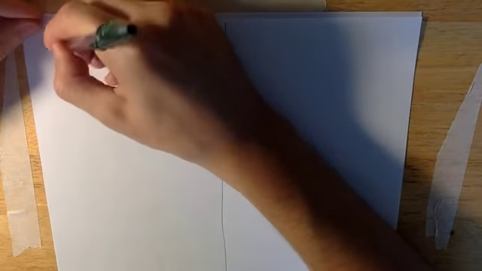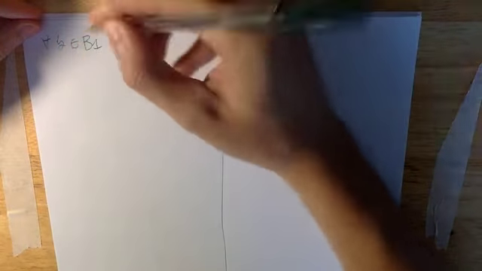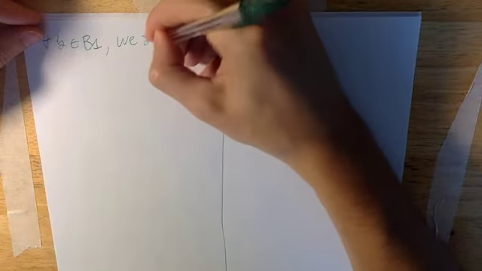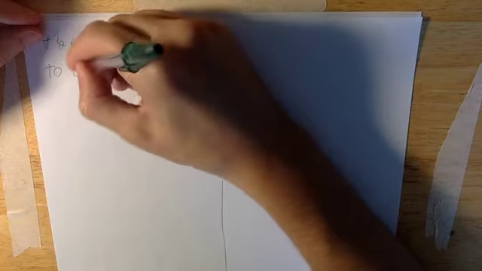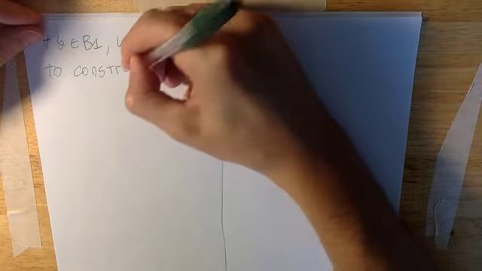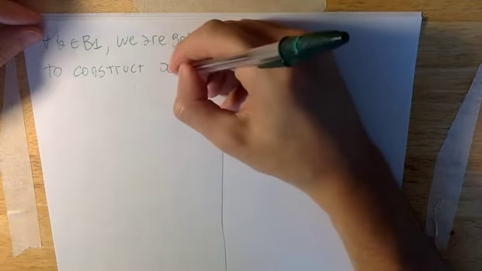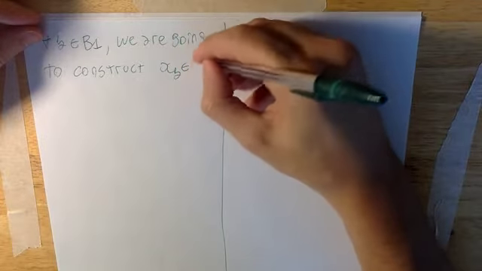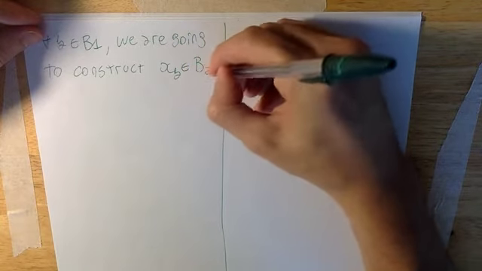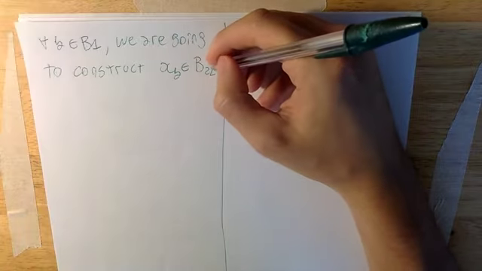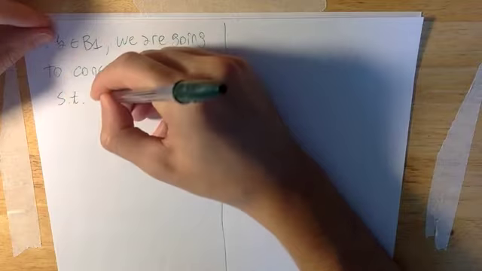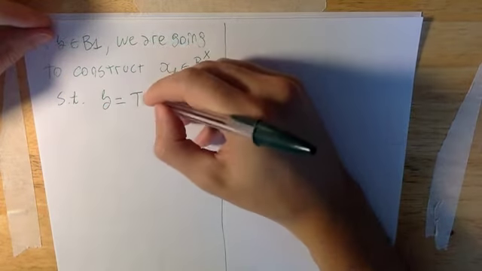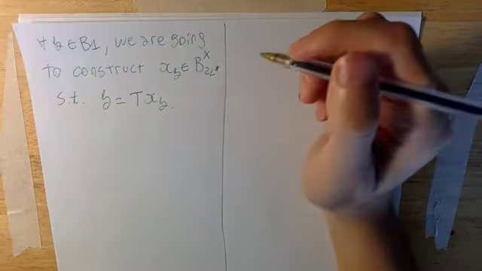So for every y in B1, we are going to construct x_y, which is in B 2L star of x, such that y is equal to T of x_y.